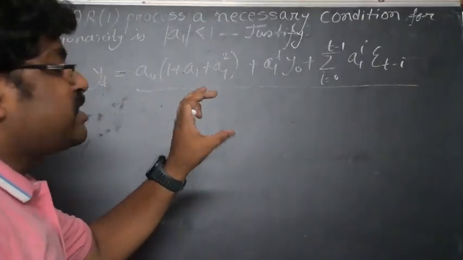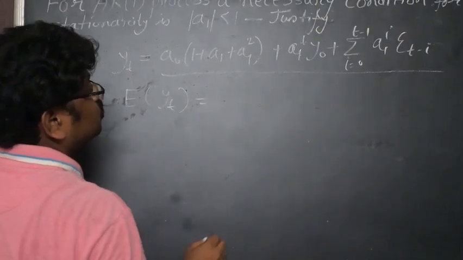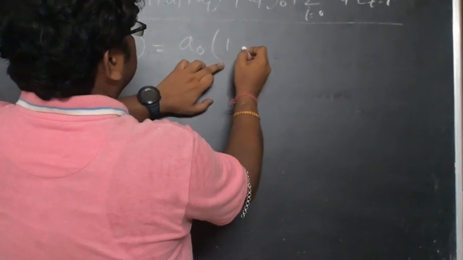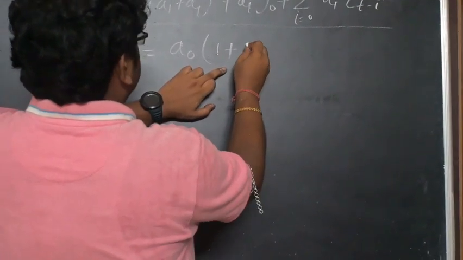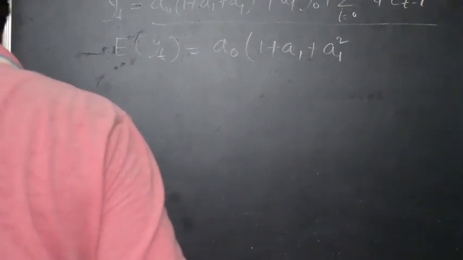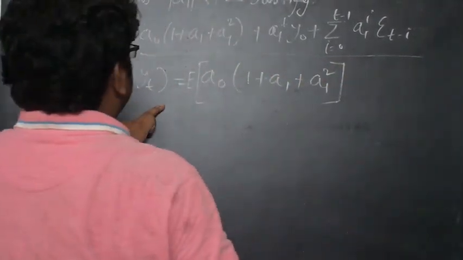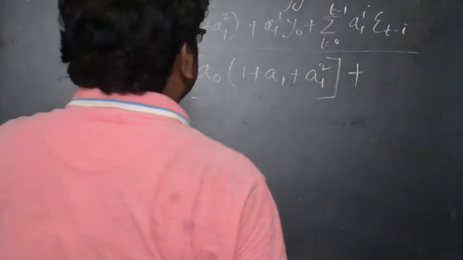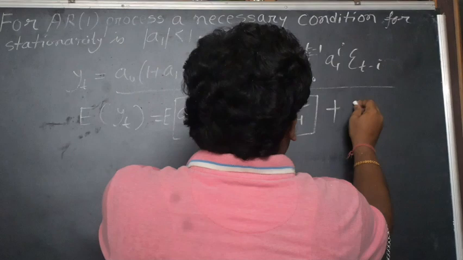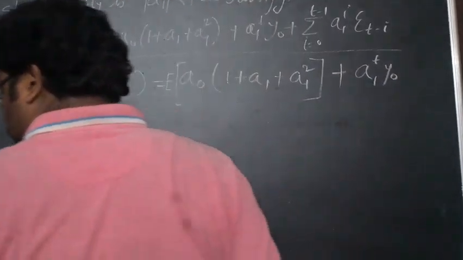Now, if we take the expectation of this equation, that is the mean, we can have the expectation of yt equal to a0 times (1 plus a1 plus a1 square, and so on) plus a1 to the t expectation of y0.